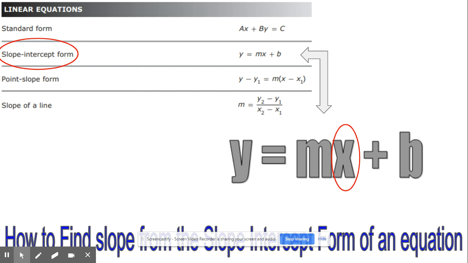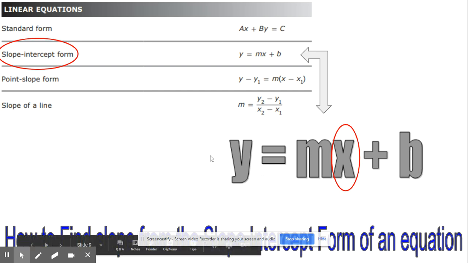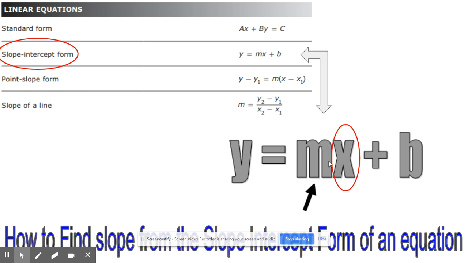So let's start to figure out what these letters mean. So you find your x in this form. It has to be in this form, y equals. So the coefficient of your x, the number next to your x, is going to be your slope. So again, find your x, and then the coefficient is your slope.